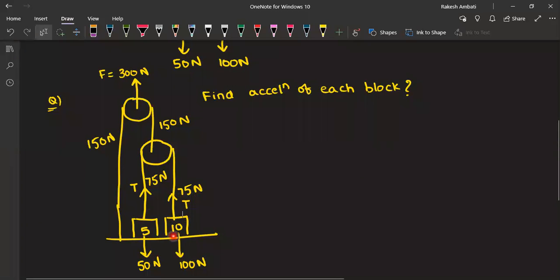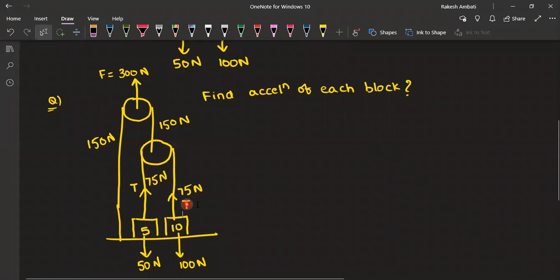For the 10 kg block, to lift it we require a minimum of 100 newtons of force. But in this case, what is the lifting force? The lifting force is only 75 newtons, but we require a minimum of 100 newtons. So because of 75 newtons, this 10 kg block is not lifted up.